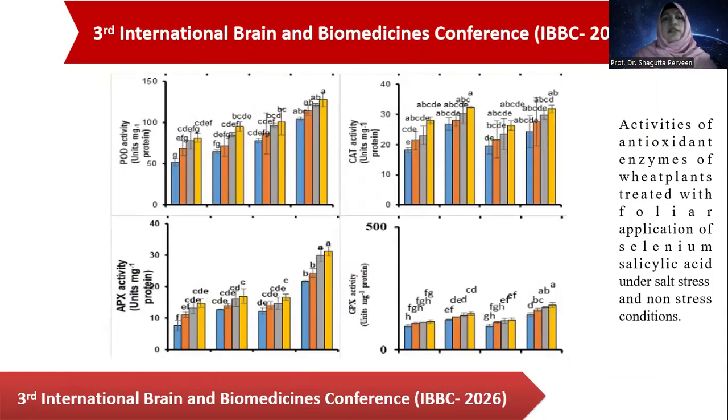The graphical representation and statistical analysis show that the activity of different antioxidant enzymes significantly increased under salt stress and under the different treatments of selenium and salicylic acid in both wheat varieties.